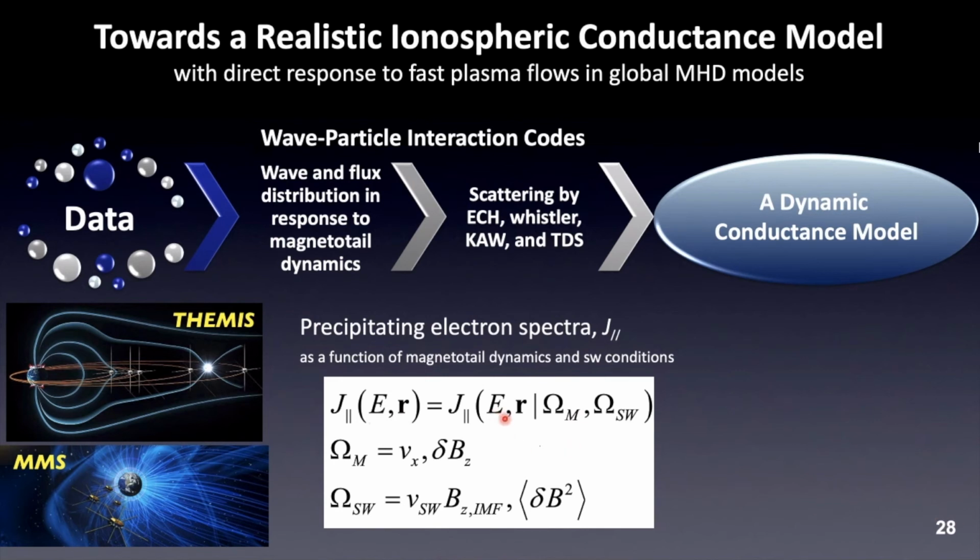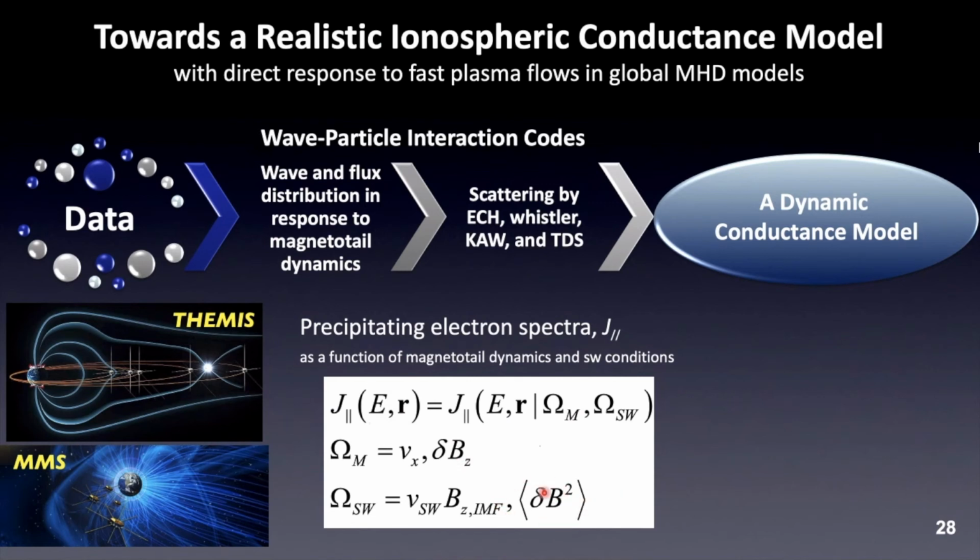First of all, by parameterizing the precipitation directly to the magnetotail dynamics, either fast flows or the depolarization front or plasma injections, they are all related actually. We can directly apply this new model into the global MHD simulations, which directly produce these two quantities, so that we have a direct streamline to apply it to the models.